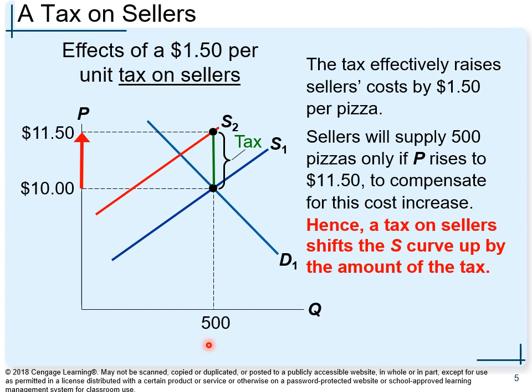For the pizza restaurants to be willing to produce those 500 pizzas that they were willing to produce before the tax, they would have to raise the price per pizza by $1.50 to compensate for the additional cost of this tax. So that's what would happen for each quantity. Now they would be willing to supply the same quantities if the price was higher by $1.50.